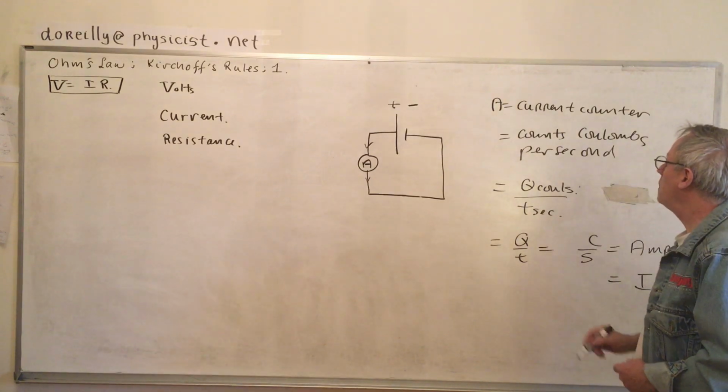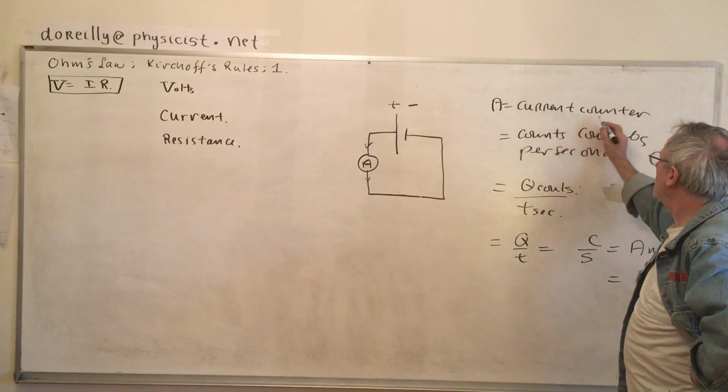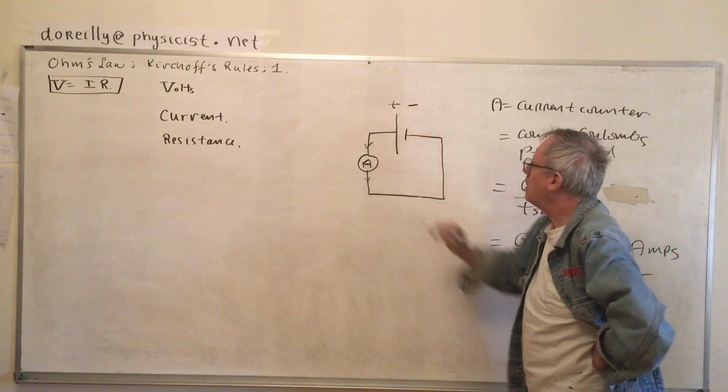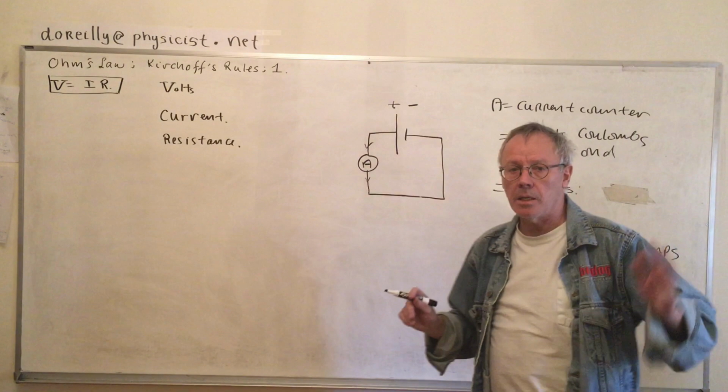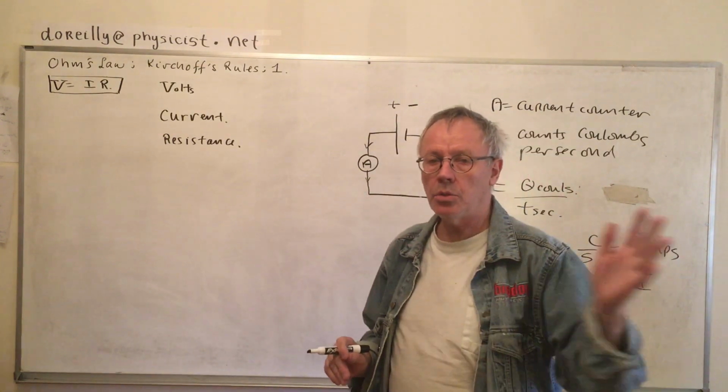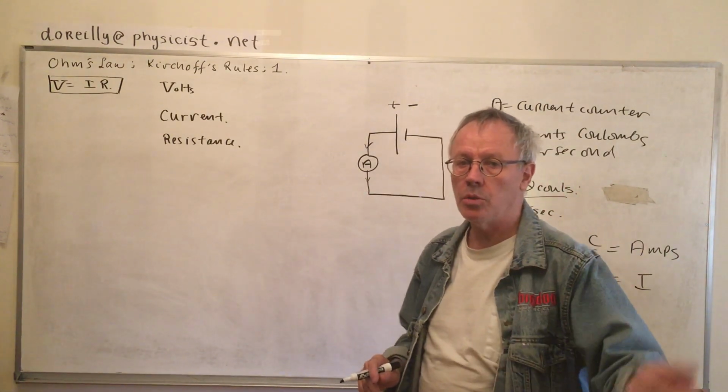Now, if it wasn't enough to confuse you, amps is current. An ammeter here is a current counter. It counts the number of coulombs passing a point per second. 1 coulomb of electricity, 2 coulombs of electricity. That's about 1 coulomb per second.